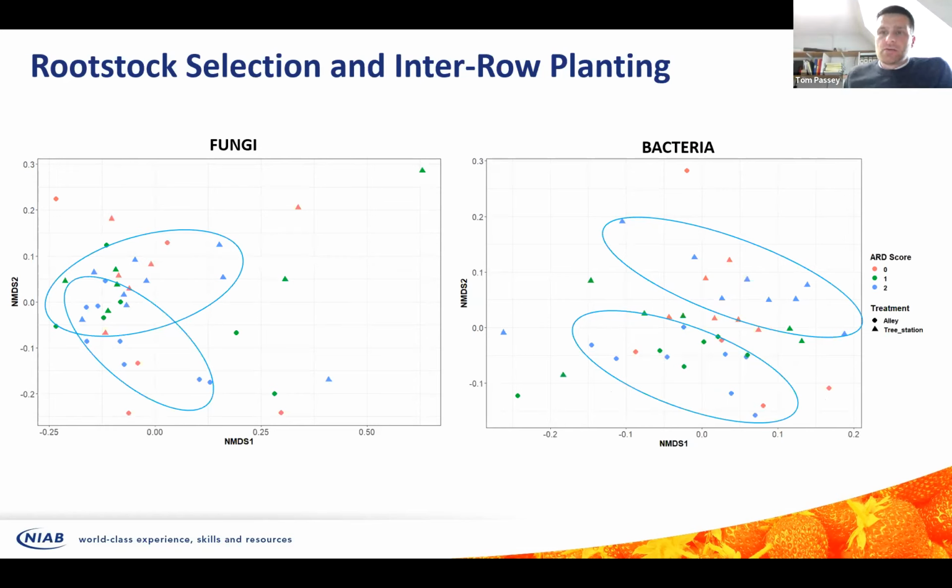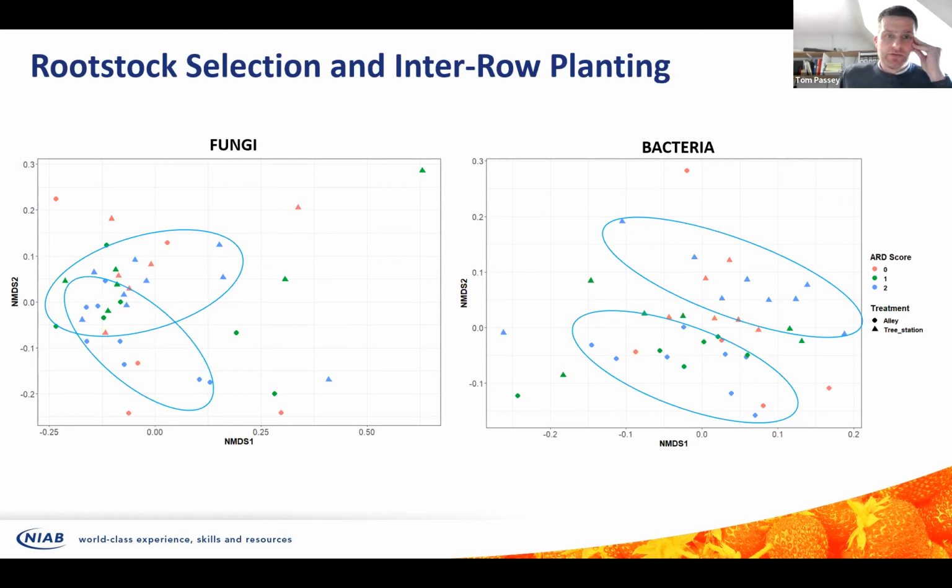So within the work, we also had a look at what's happening in the ground. We want to know what's happening with the microbial communities within the soils of these trees. And what we found was there is a strong grouping of the fungal and bacterial populations in the rhizosphere soil. So this is the soil that is immediately around and in contact with the root.